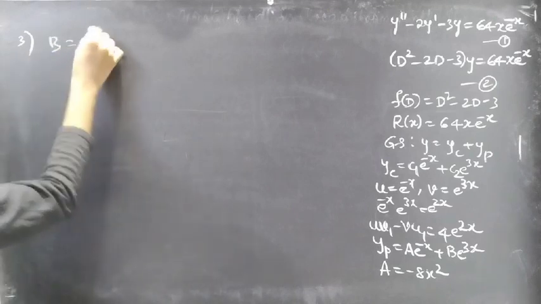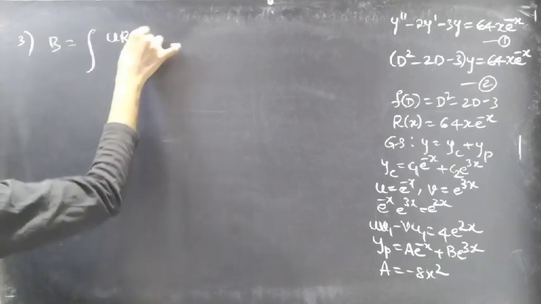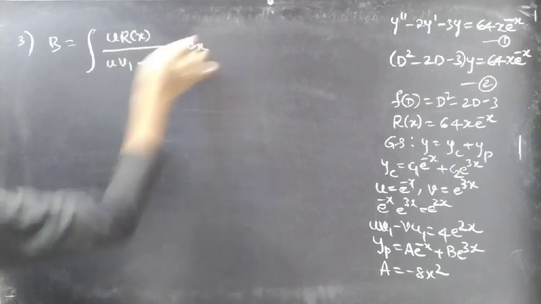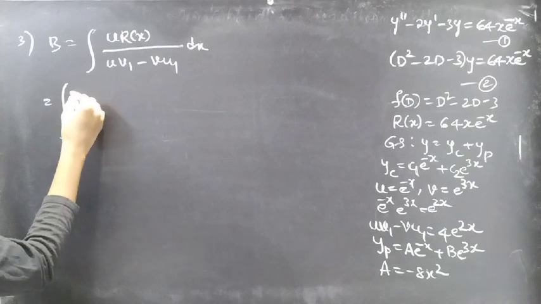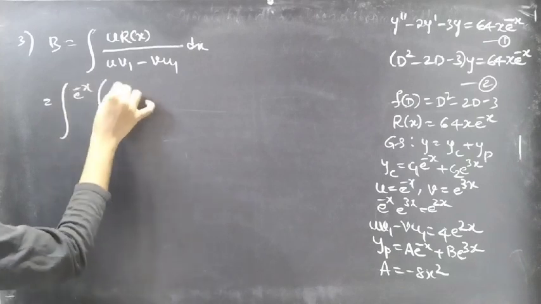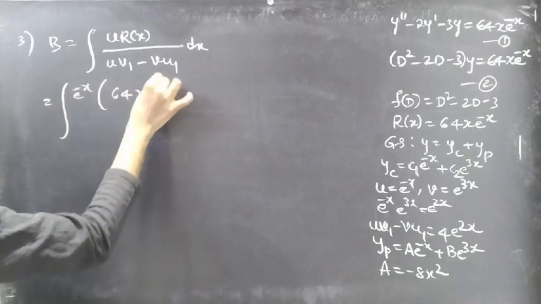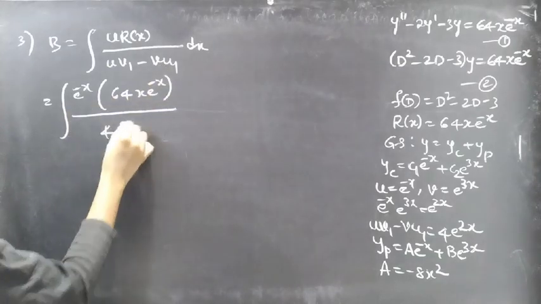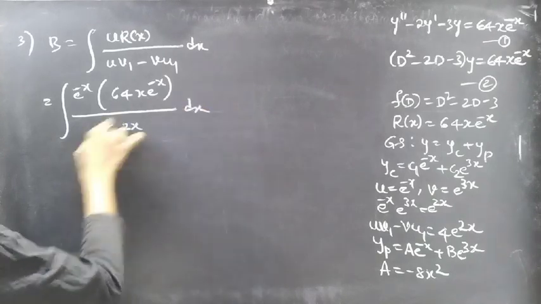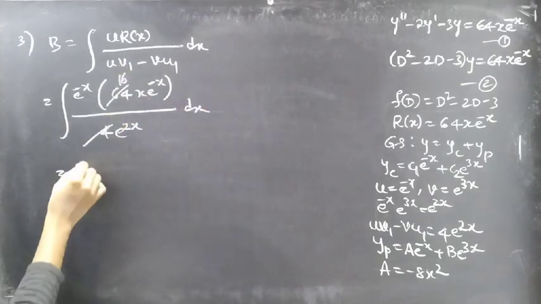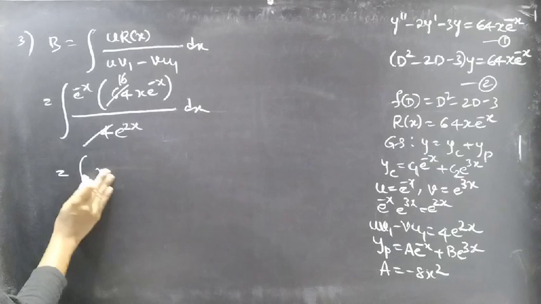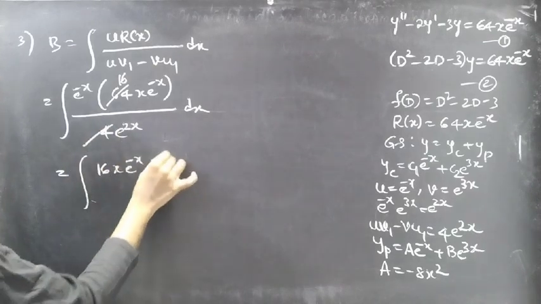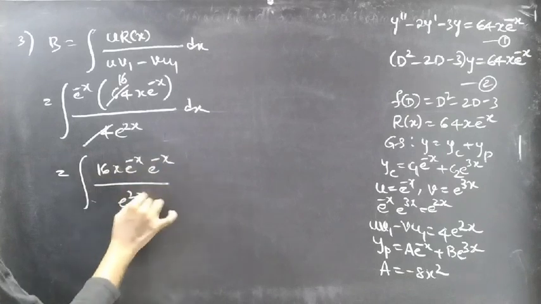B is given by the integral of u r of x by uv1 minus v1, which is equal to u, e power minus x, r of x is 64 x e power minus x, by uv1 minus v1 is 4 e power 2x, into dx. This is equal to the integral of 16 x e power minus x into e power minus x by e power 2x dx.